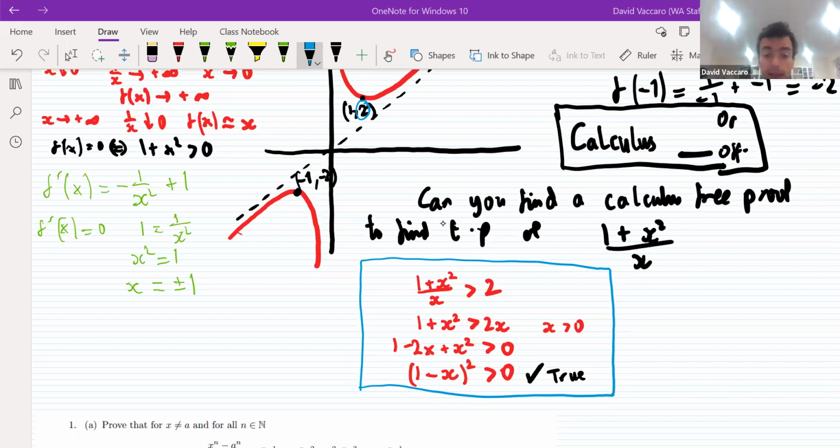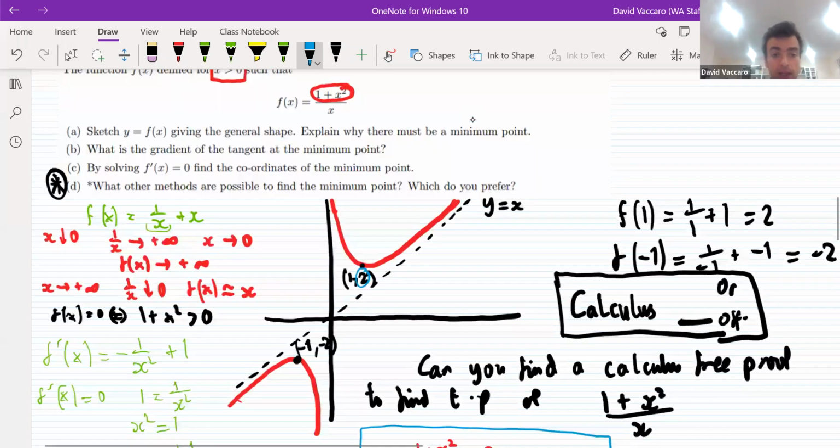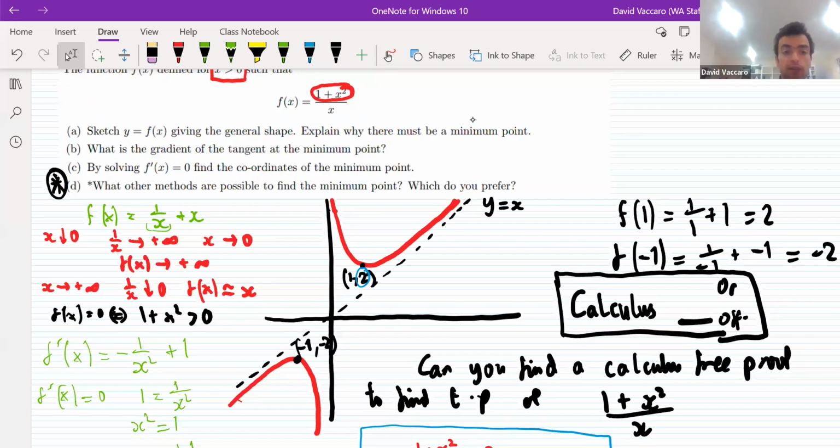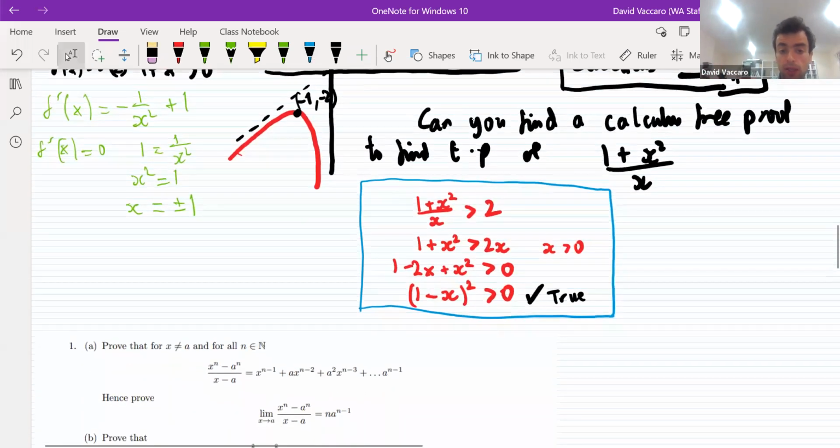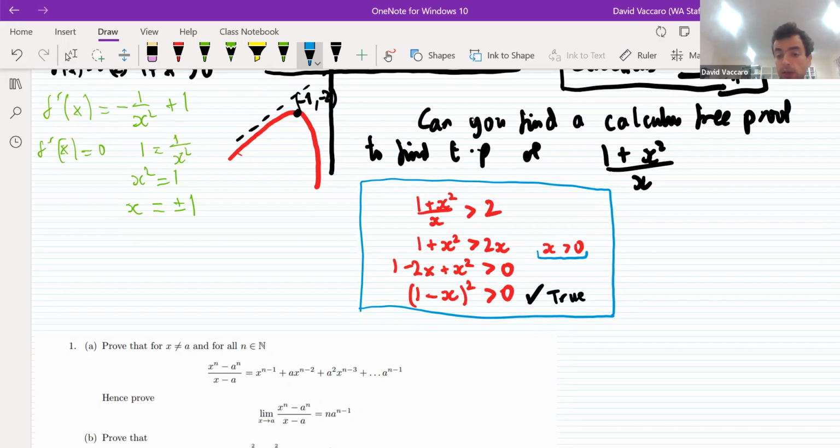No, someone suggested that x can take any value. We are trying to find the minimum when x is bigger than 0. So I have written here that this is restricted to the case when x is bigger than 0.